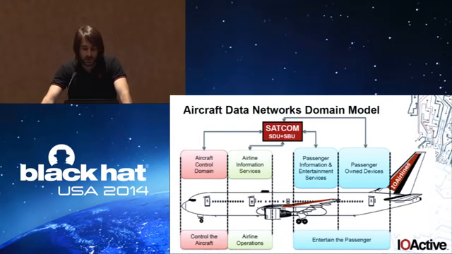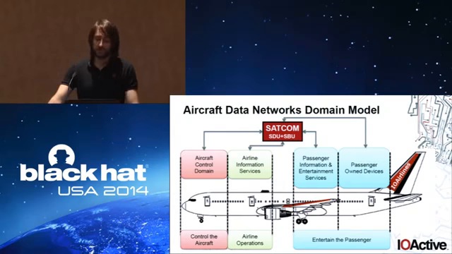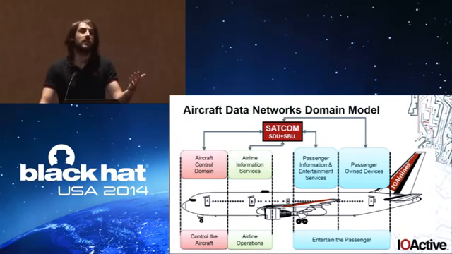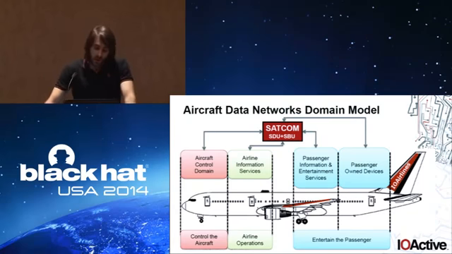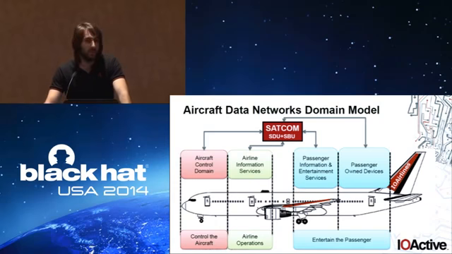For example, the passenger information and entertainment services and the passenger-owned devices share the same purpose, which is basically to entertain the passenger. Then we have some other domains that are way more critical, for example the aircraft control domain and the airline information services.